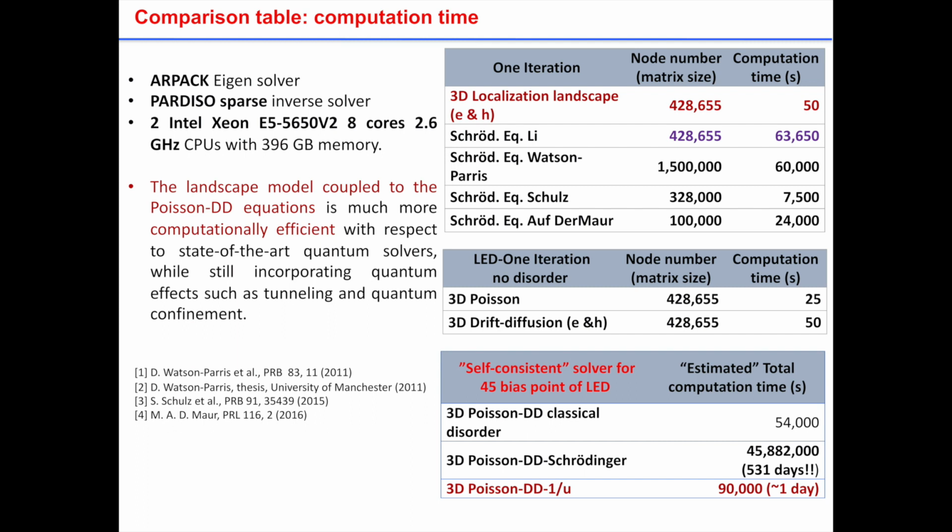It's a typical 1 day computation. If you don't compute the energy levels at all, you just take EC and EV, it will also be 1 day. But if you had to use the Schrödinger equation, it would be more than 1 year. So it transforms something impractical, and indeed nobody computes LED devices self-consistently except when you use the landscape equation.